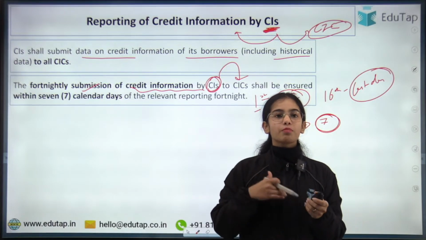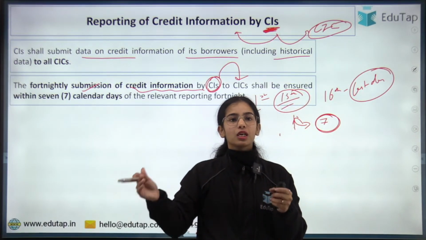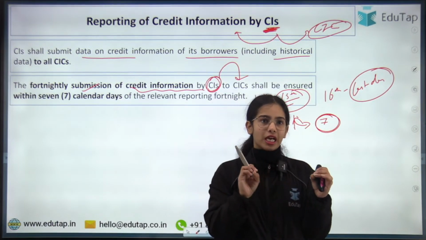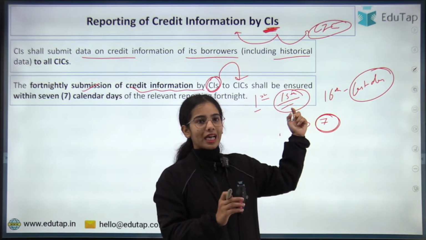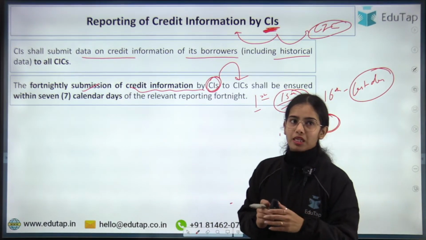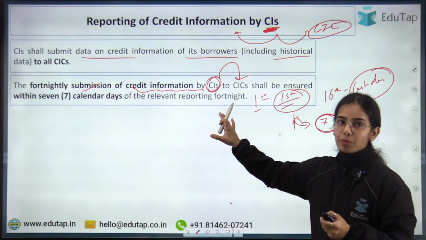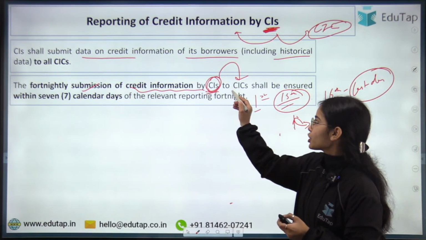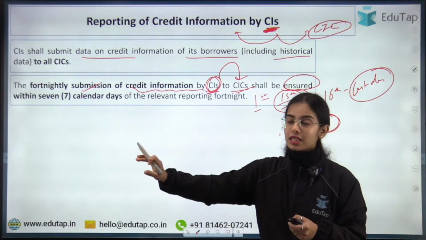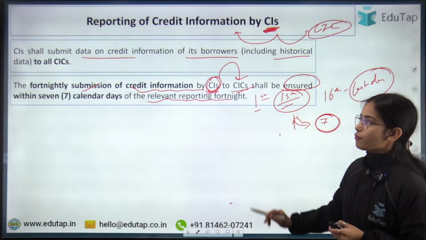Before, the monthly submission was happening, but the RBI said in August that there should be fortnightly submission. This shall be ensured within 7 calendar days of the relevant reporting fortnight.